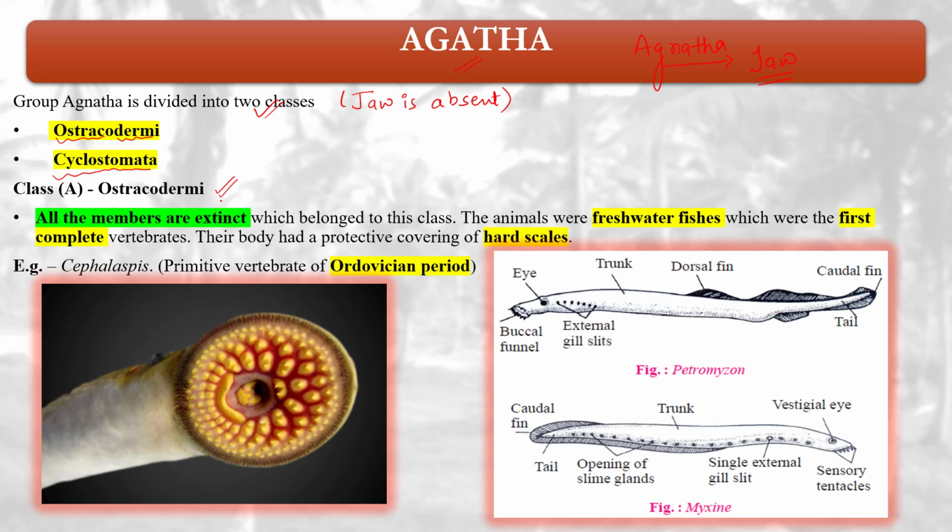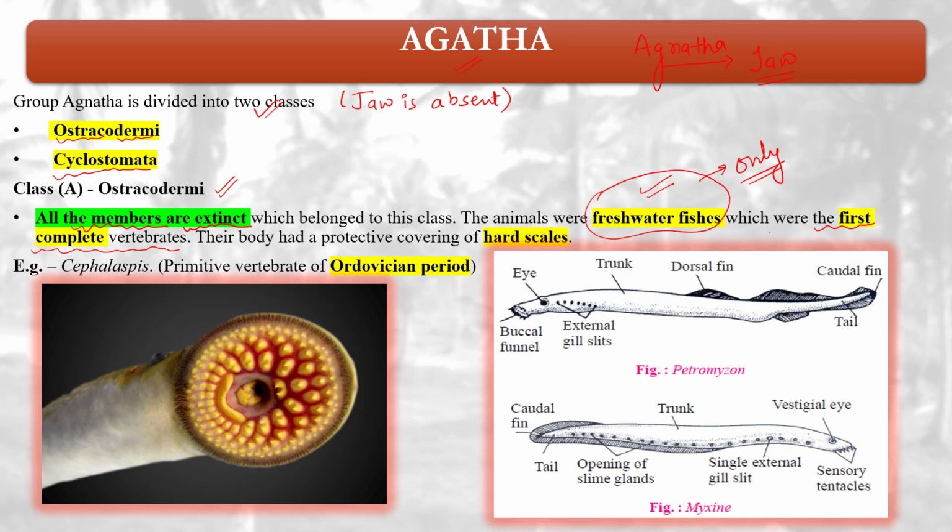Under this class, ostracodermi, you have to remember that all the members are extinct. The animals were freshwater fishes, only freshwater fishes, which were the first complete vertebrates.